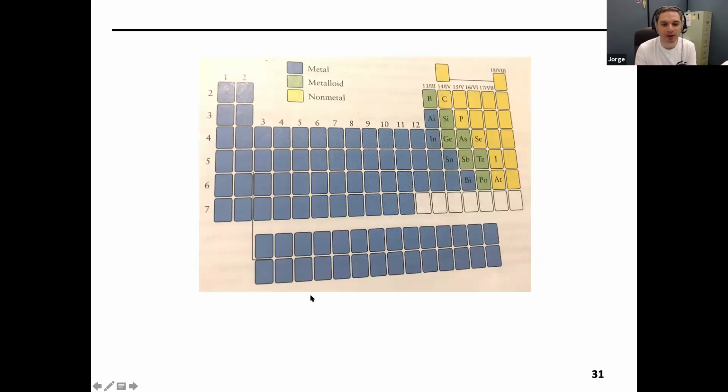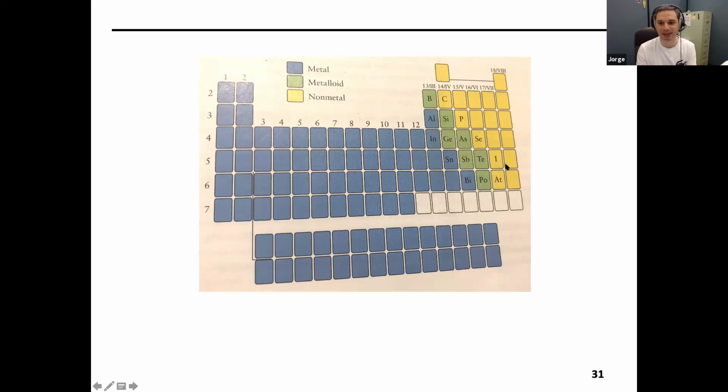Another way to divide the elements in the periodic table is by classifying them as metal, metalloid, and non-metal. All the elements in blue are classified as metals.